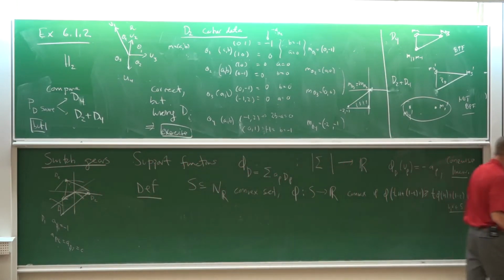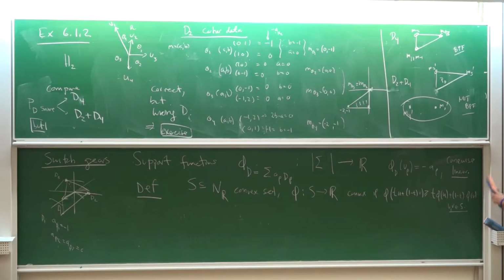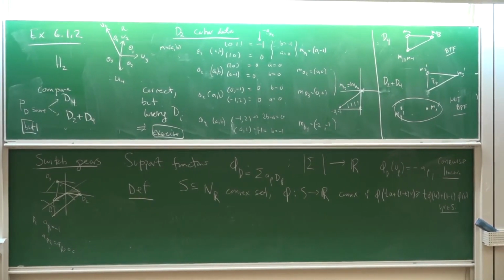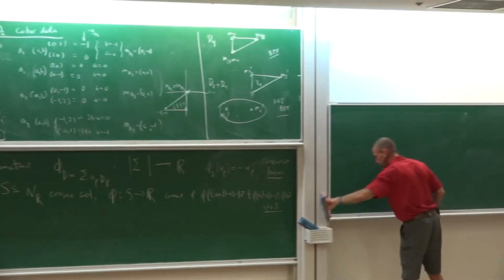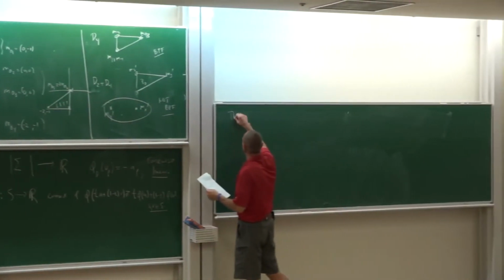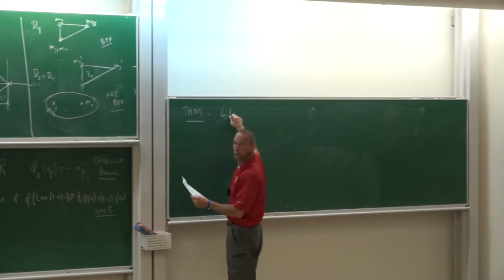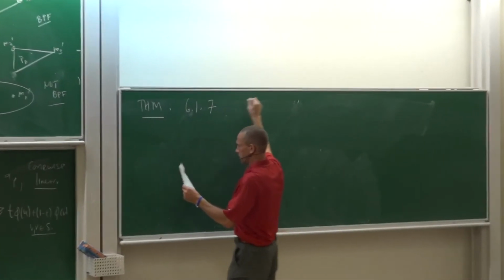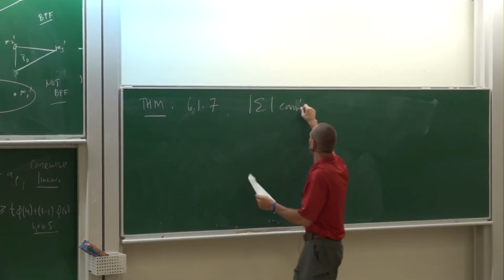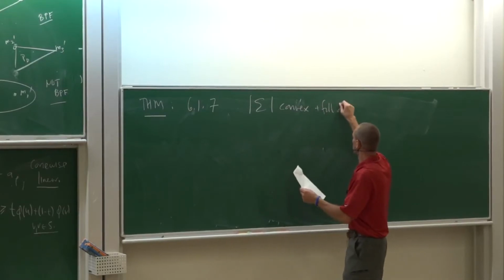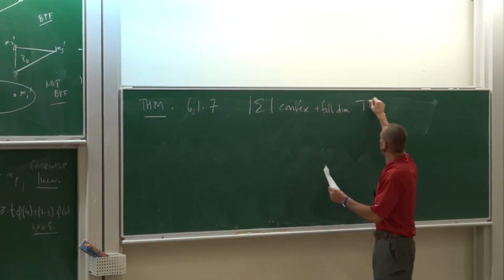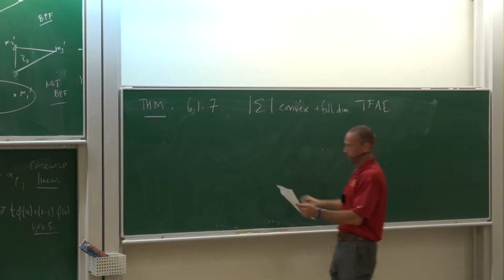So here's the theorem. This notion of convexity of support functions turns out to translate very nicely into ampleness, very ampleness, and base point freeness. So, theorem. This is kind of the centerpiece of section 6.1. And the following are equivalent.